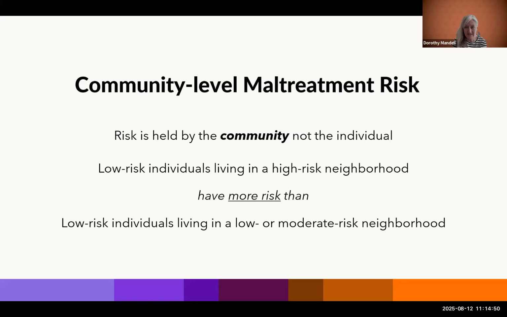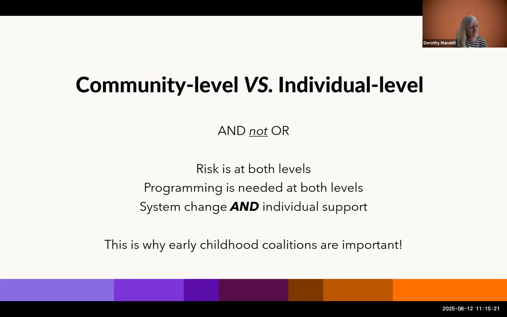And there is some evidence to suggest that even serving low risk individuals, if they live in a high risk neighborhood, will do more to help bring up that neighborhood and lower risk than serving low risk individuals in a low risk neighborhood. They need help too. I'm not saying that they're not, but there's an importance of just serving people in a neighborhood. It helps lower the risk in the neighborhood for everyone. Go ahead to the next slide.